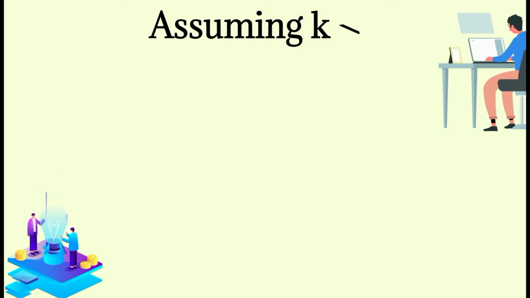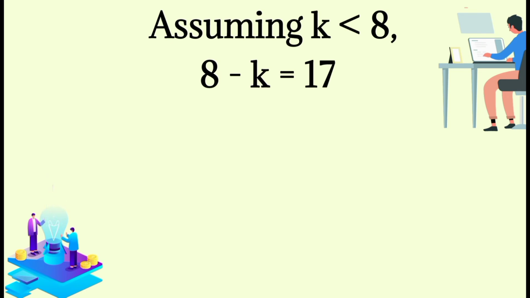So that is the first assumption, and that is for the positive difference. The second assumption will be for the negative difference. In this case, we'll assume that k is less than 8. So if k is less than 8, it means that we have 8 minus k is equal to 17. So this is negative difference. By collecting like terms, we have minus k is equal to 17 minus 8.